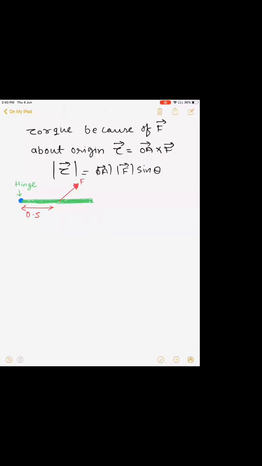This is F5 and its value is 20 Newton. It is acting at an angle of 45 degrees. The total length of this rod is 1 meter.